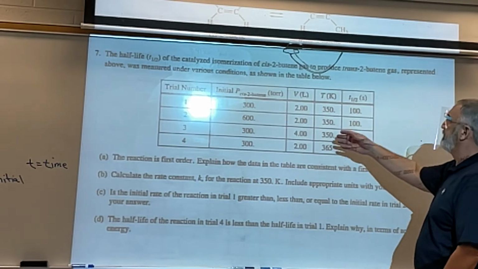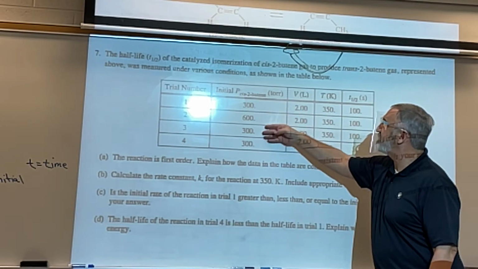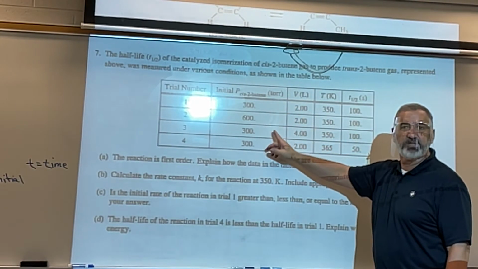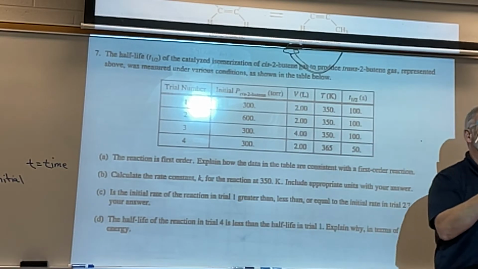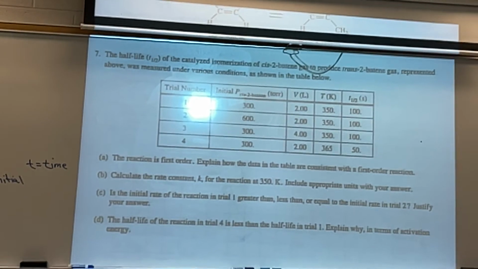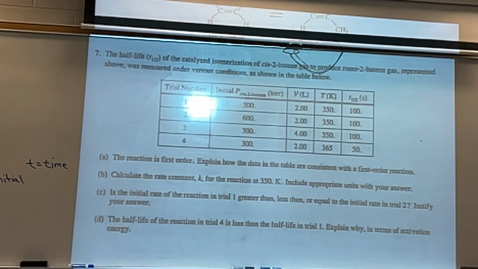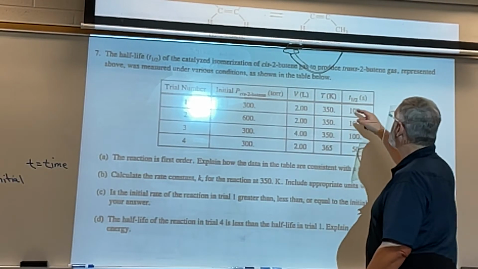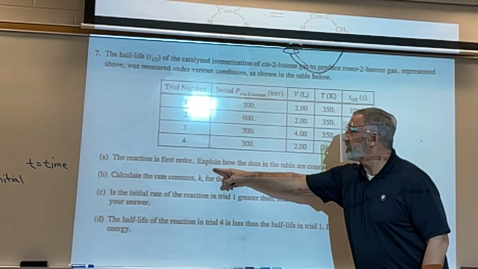Here's the initial concentrations. Now they're giving it to you in pressure, but again, remember, the greater the pressure, the more molecules that are present if they're in identical conditions. So pressure and molarity are totally related to one another, directly proportional. But notice it gives the half-life here. The reaction is first order.